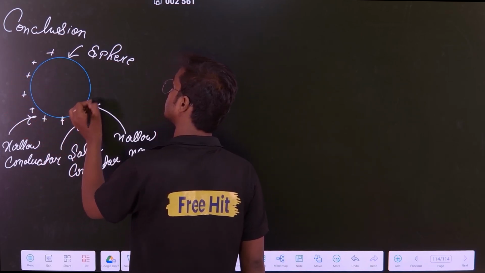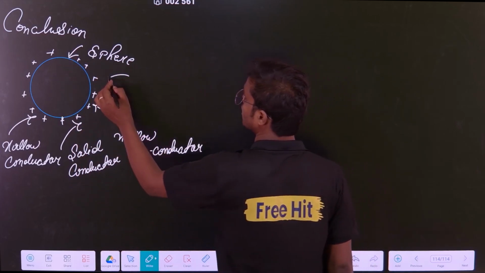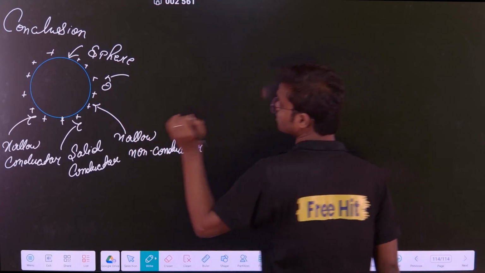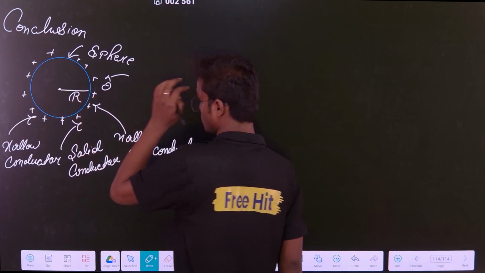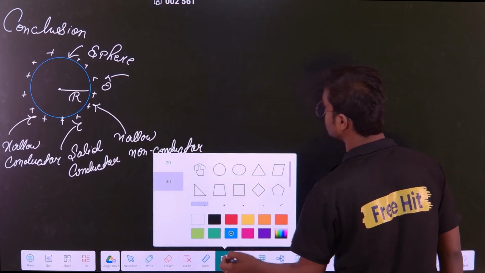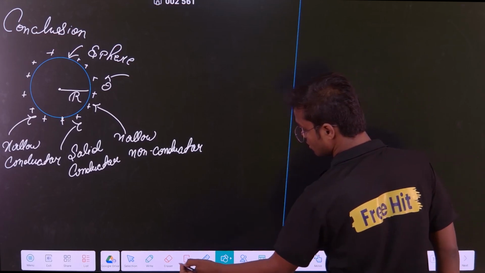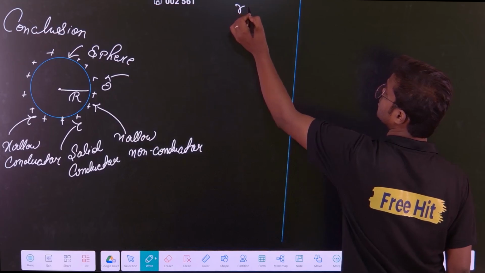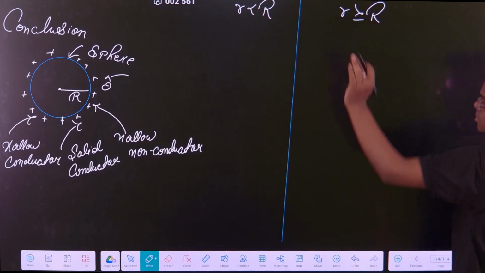Suppose the charge is Q. Suppose this is my center and the radius is R. Then we have two cases, inside point and outside point, that is r less than capital R and r greater than or equal to capital R. If you want you can put the equality, no issue.